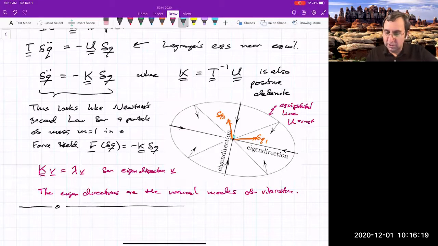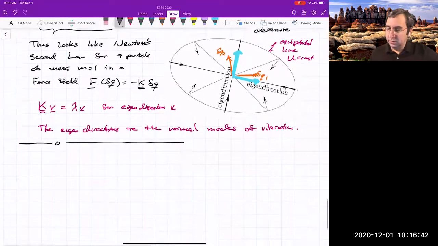We don't want those directions. We'd rather use these eigendirections, because those are the natural way to describe the system. Maybe physically it's convenient to use delta Q1 to mean horizontal displacement and delta Q2 to mean vertical displacement. But the eigendirections are more natural to the system.